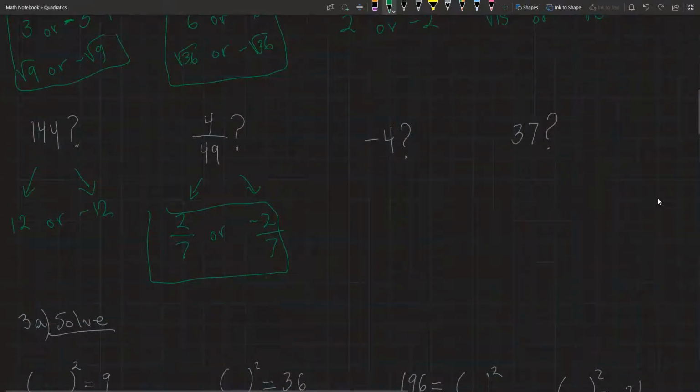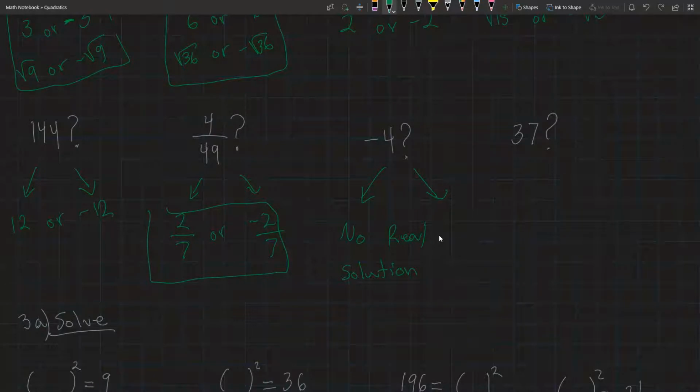So what we said about this is that there's no real numbers solution, all right? And the way I'm going to start writing that, at first, most mathematicians write no solution, but that develops a bad habit. I'm going to say no real solution. And what that means for us in this course is no real number, all right? There will be solutions to these in the future, in our future practice.